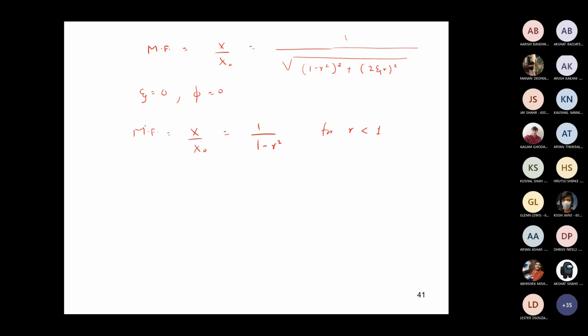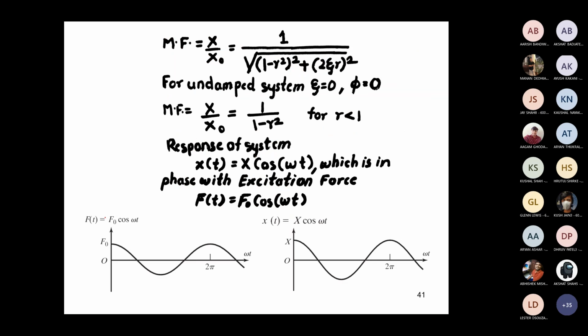For this condition, the response of the system will be x of t is equal to x cos omega t, and the applied force f of t is f0 cos omega t. If I plot this signal, what do I get? This is the force applied and this is the displacement.